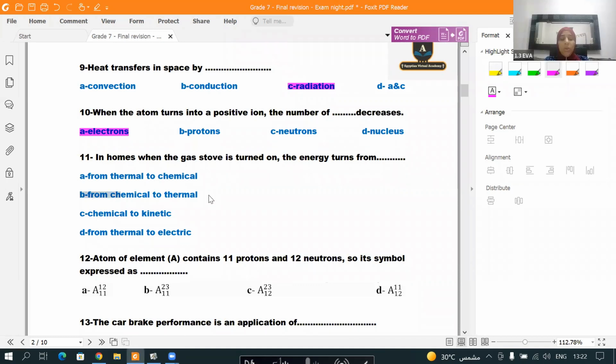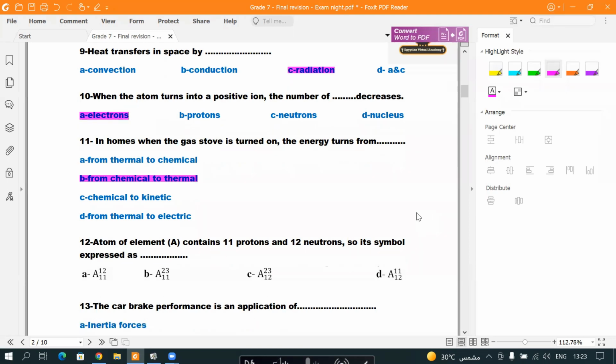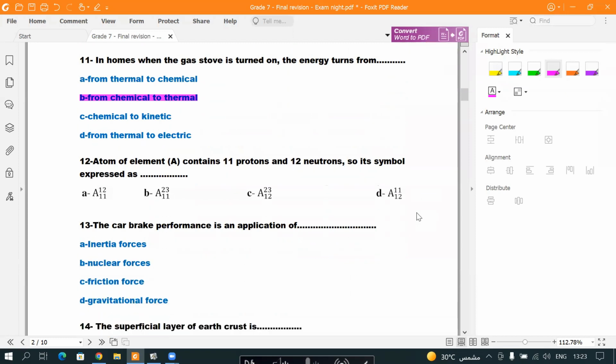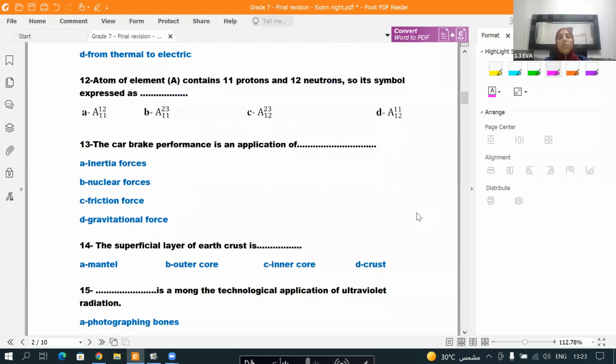Because the gas stove depends on natural gas. Natural gas is from fossil fuel, and it has stored chemical energy, so it will change into thermal. But Muhammad, if they said the electric stove, it will be from what to what? From electric to thermal. Yes, very good. From electric to thermal.